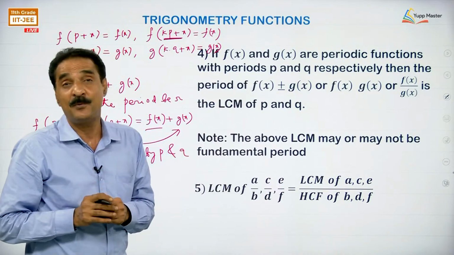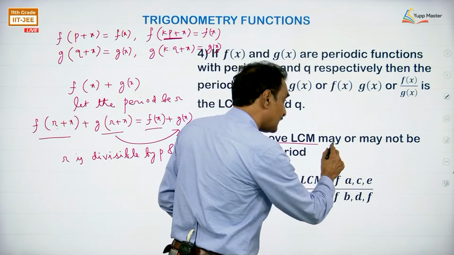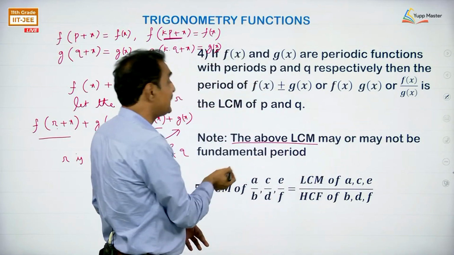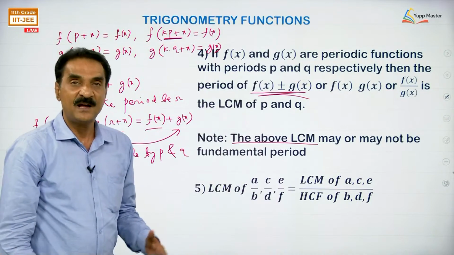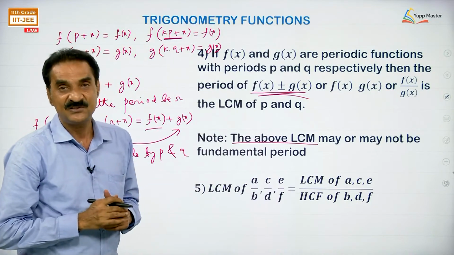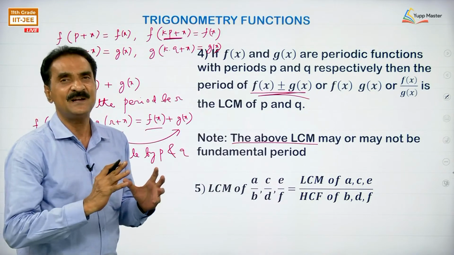But a very, very important point is, this LCM may or may not be the fundamental period of this function. Sometimes the LCM formula will give you the fundamental period, but sometimes you will get a general period.